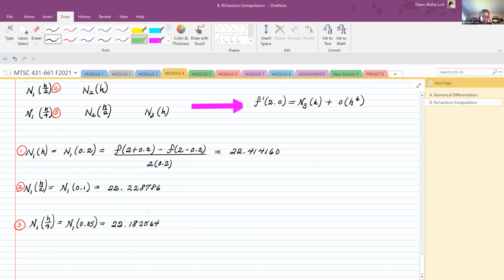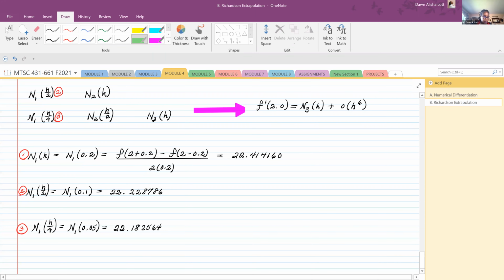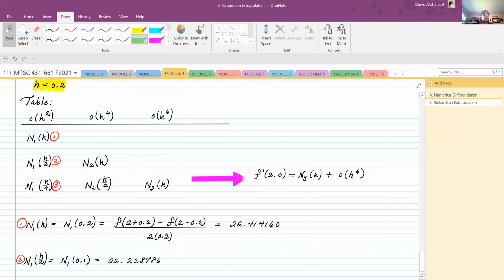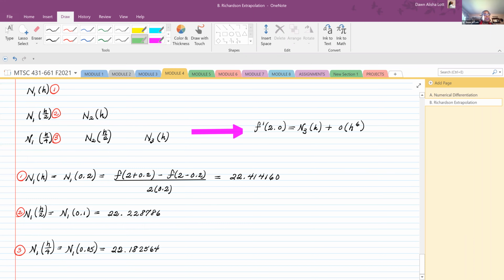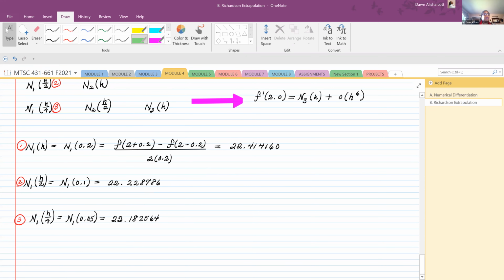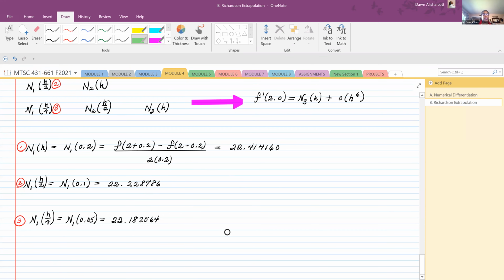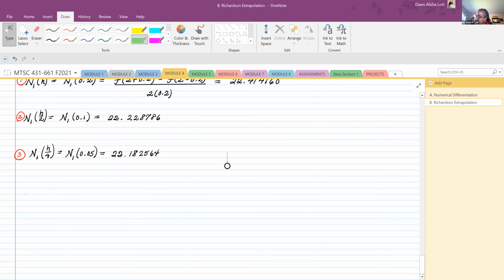So now that we've computed that, we've computed the first 3 terms. So now we can compute N2. So N2 of H, which is our 4th approximate here.